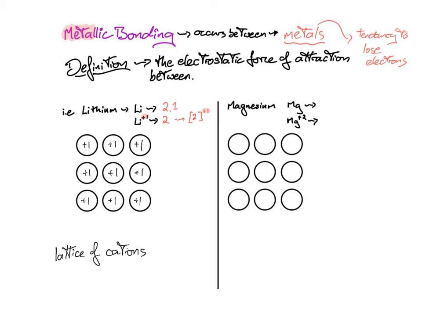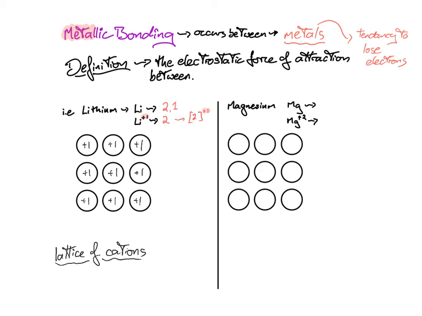We have built ourselves a lattice, that means a giant repeating structure. I've drawn it in 2D here, but it would be in 3 dimensions if you think about it, of cations. Now, if it was just cations, they'd all be positive and they'd all repel each other, so the whole thing would fly apart. Plus, we have those delocalized electrons to account for.